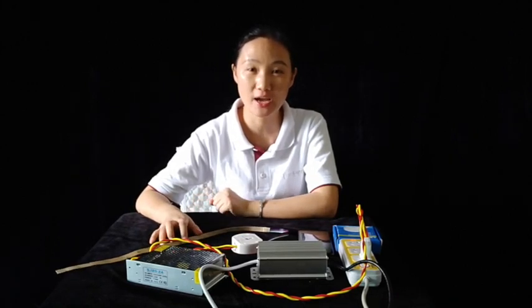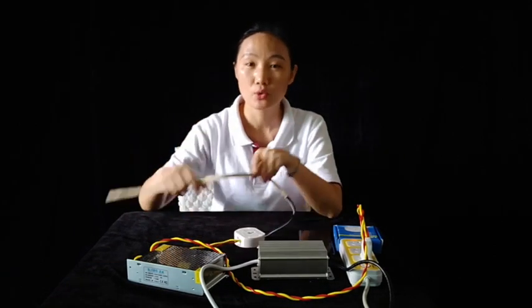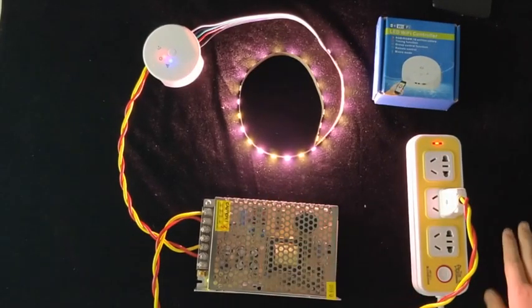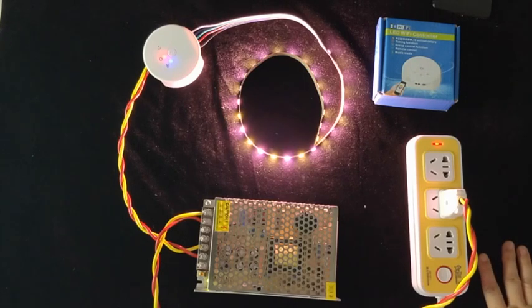Today, in this video, I would like to show an amazing LED strip light with Wi-Fi controller. Okay, you can look here. Today, I would like to introduce a Wi-Fi control with RGB plus W LED strip.